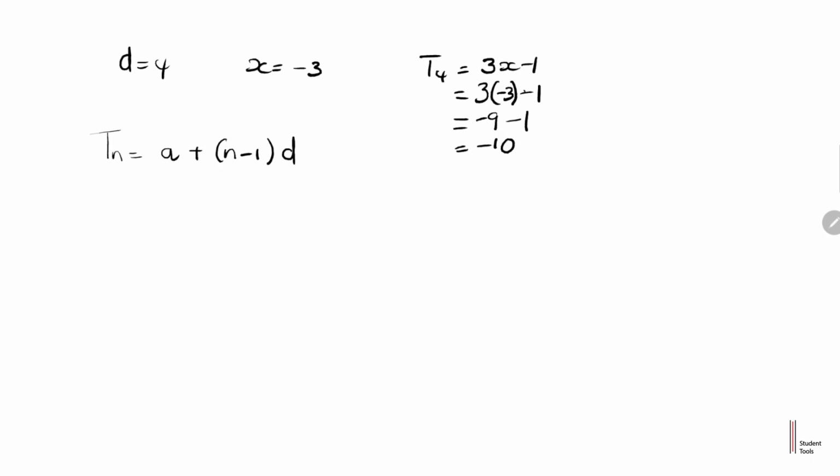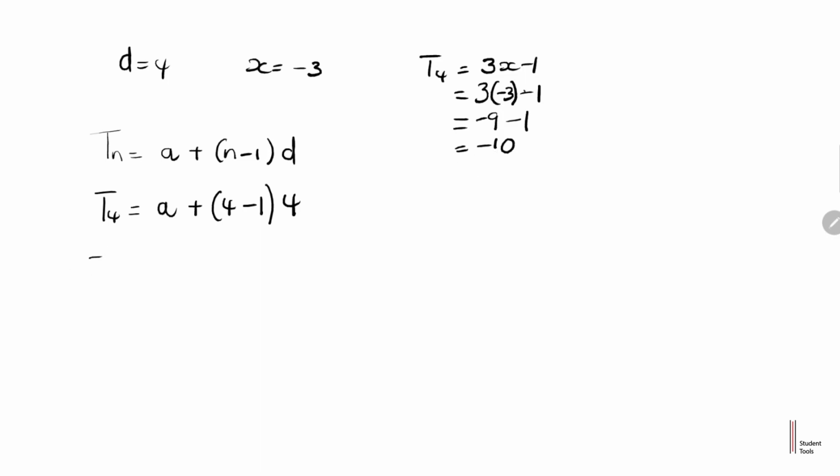So to find the value of a, we will use term number 4. So term number 4 is equal to a plus 4 minus 1, multiplied by d. Term number 4 is actually equal to negative 10.